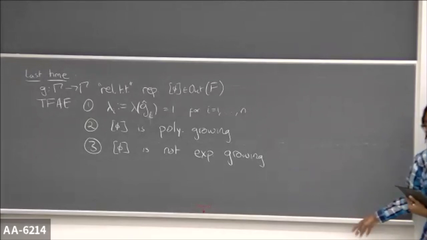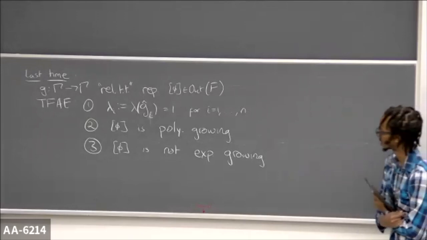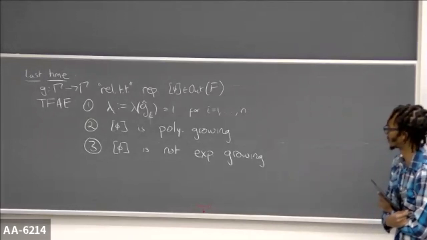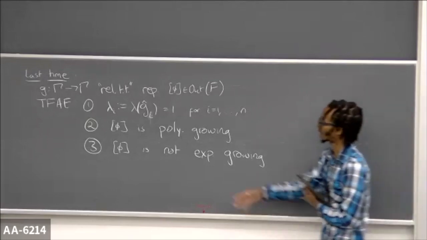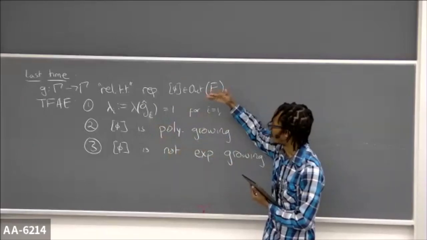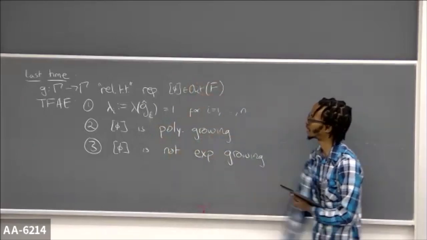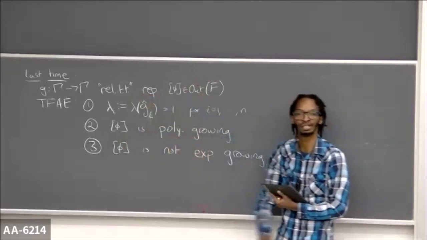Today, I'll mainly bring it back to talking about free-by-cyclic groups, but I want to wrap up the things I wanted to say with automorphisms of free groups. At the end of the lecture on Tuesday, I stated this equivalence, this application of the theory of relative train tracks to characterize being polynomially growing.